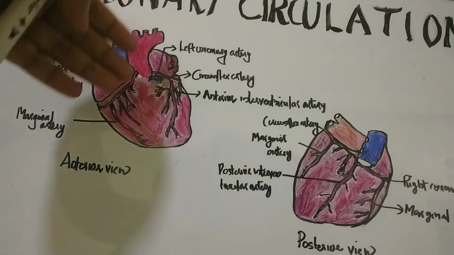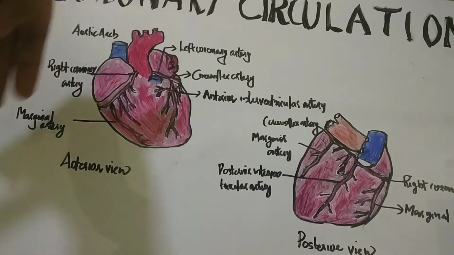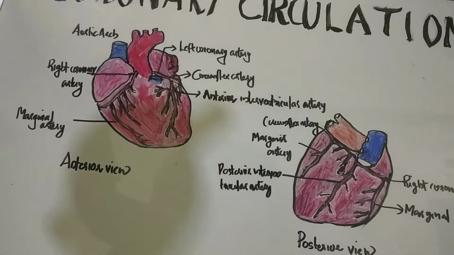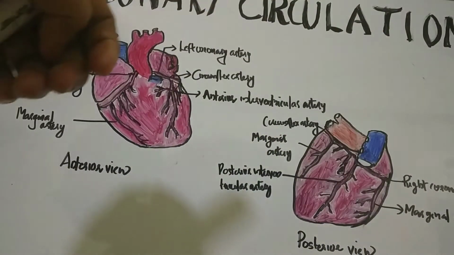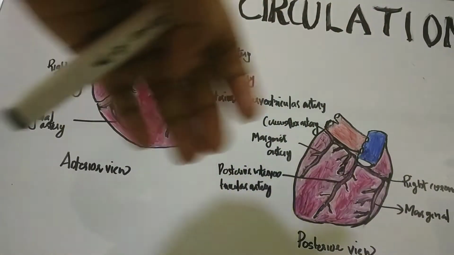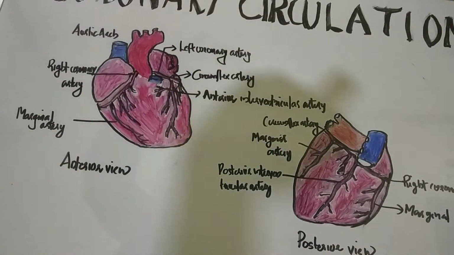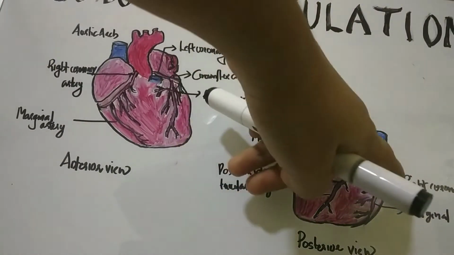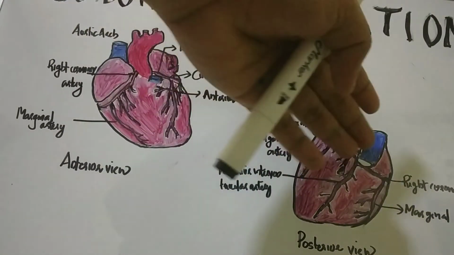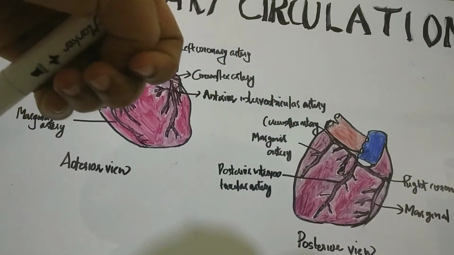Then it winds around the inferior border to reach the diaphragmatic surface of the heart. Here it moves backwards and to the left in the posterior coronary sulcus to reach the posterior interventricular sulcus.